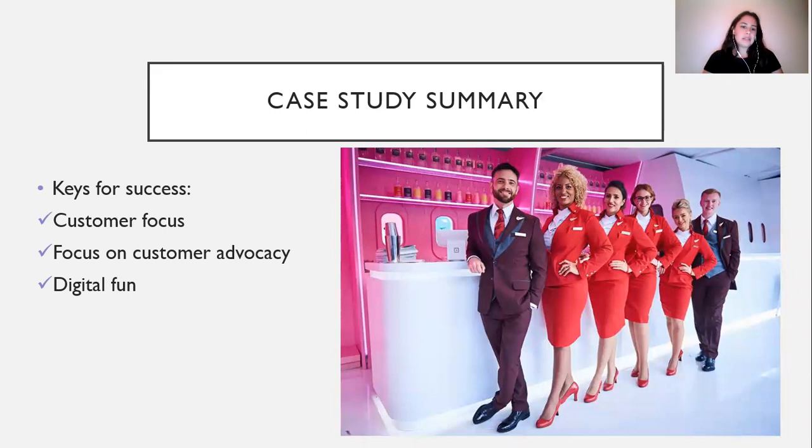Then they are focused on customer advocacy, as I mentioned. They understand the customer, so they know the pains and gains. And also they understand that the business traveler has a new mindset. And finally, they have, as a key to success, the digital fun that includes integrating social media for consumer conversations.